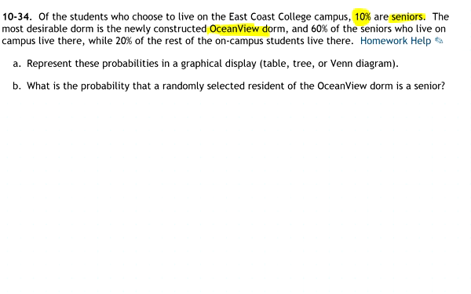And then 60% of the seniors who live on campus live in Ocean View, while 20% of the rest of the on-campus student residents live there. So let's take a look at this. I think this is the setup I want for my two-way table.